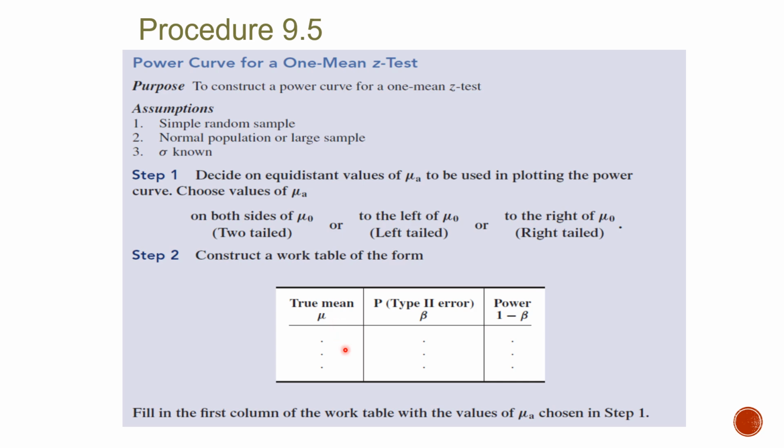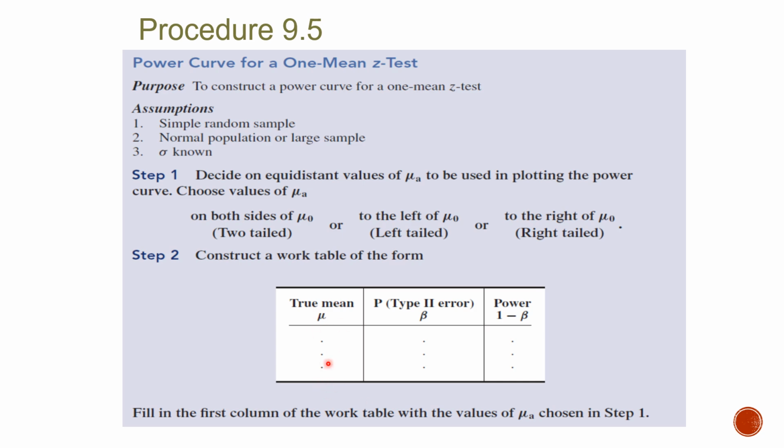Now we can create what's called a power curve table using different alternate means. So in the previous slide, we came up with diagrams with different values for the alternate means.